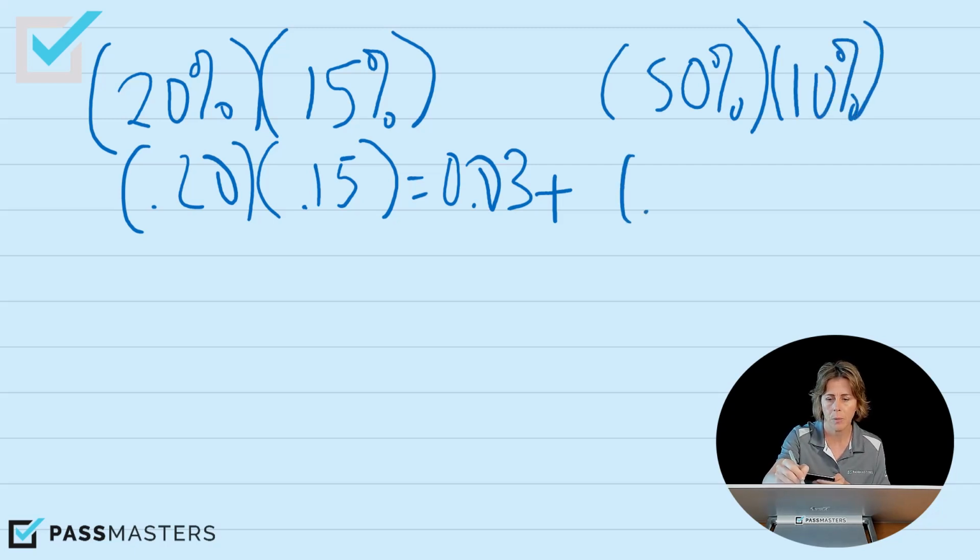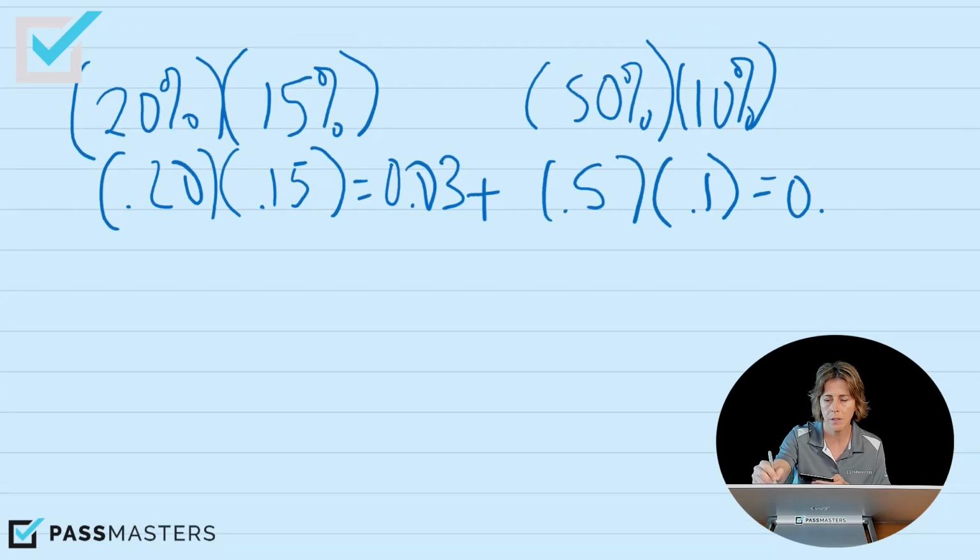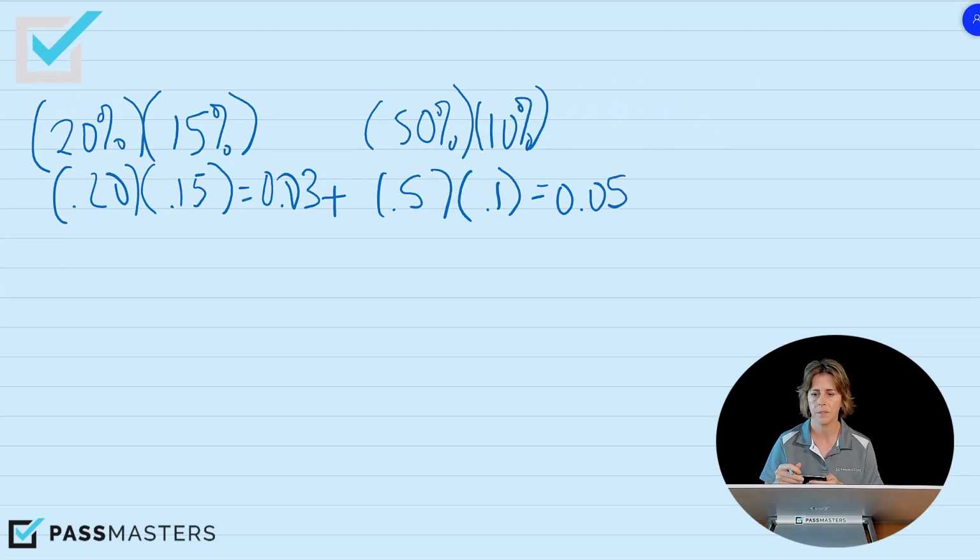So we're going to take 0.5 times 0.1, and that's going to give us 0.05. Always double check it with your calculator. 0.5 times 0.1, 0.05. Got it.